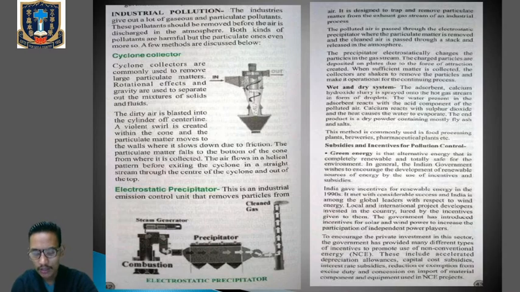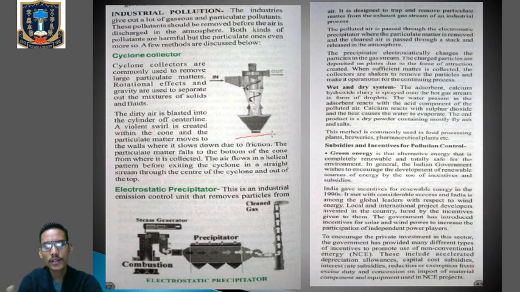You can see in the figure the diagram of a cyclone collector. The cyclone collector works on the principle of centrifugal force. Clear? Each device designed to control the emission of harmful pollutants is based on certain principles.